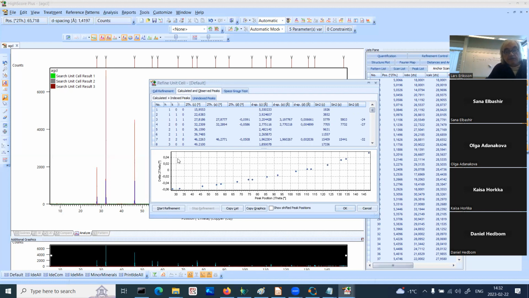So the negative value here means OBS minus calc. That should be positive. It's calc minus OBS, yes. Some programs, for example the FullProf Rietveld refinement program, use OBS minus calc. So you could run into difficulties just because of that.